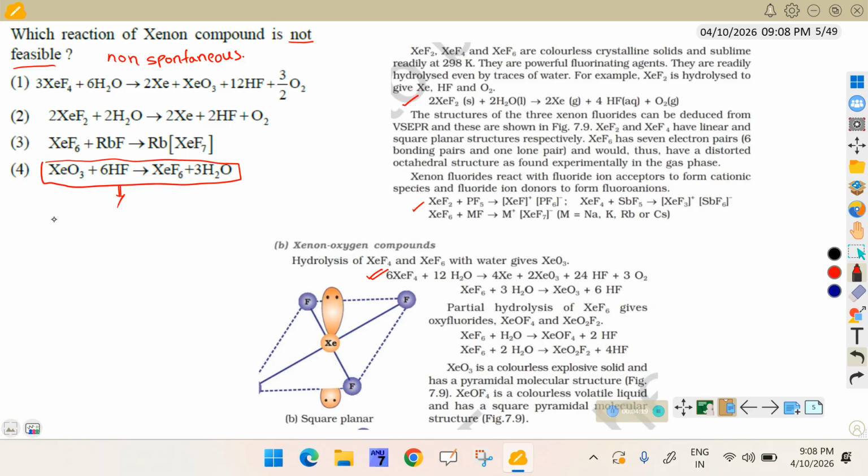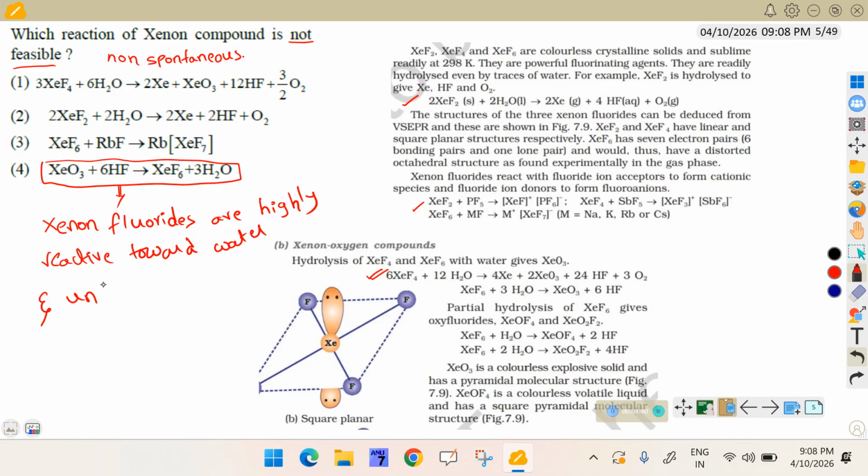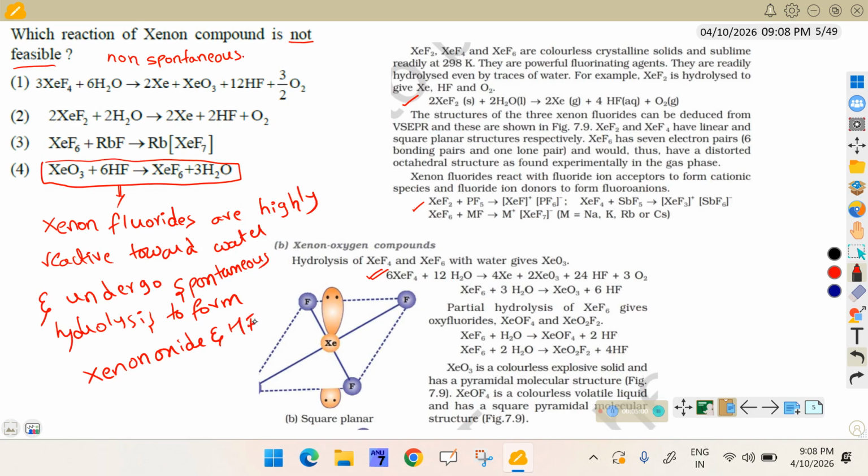Why? Because xenon fluorides are highly reactive towards water and undergo spontaneous hydrolysis to form xenon oxide and HF.